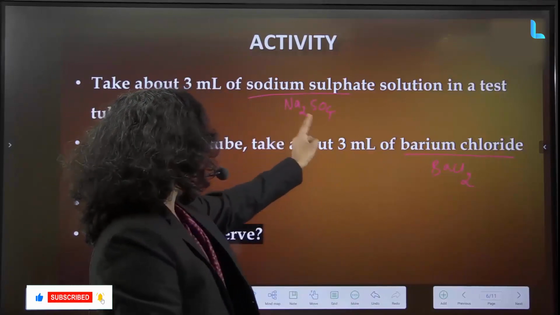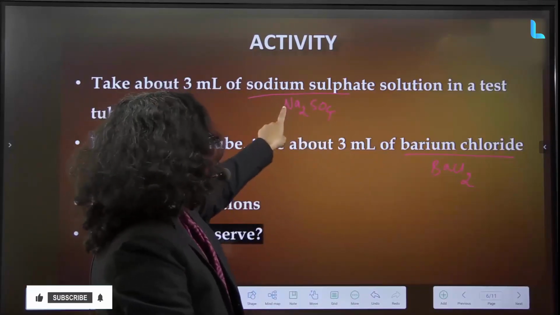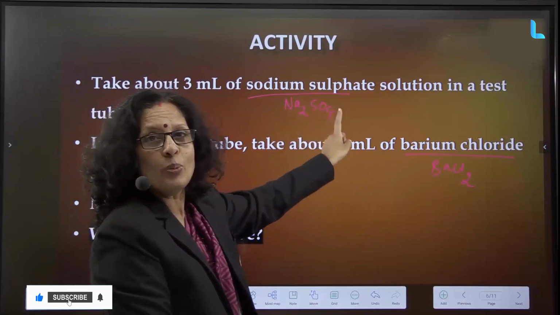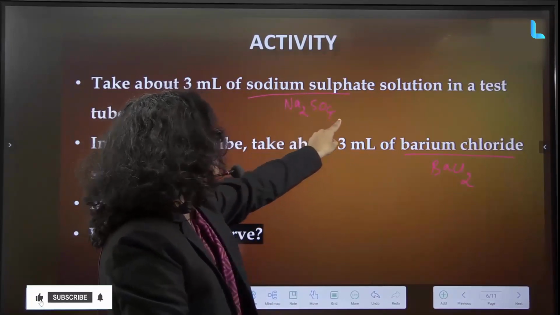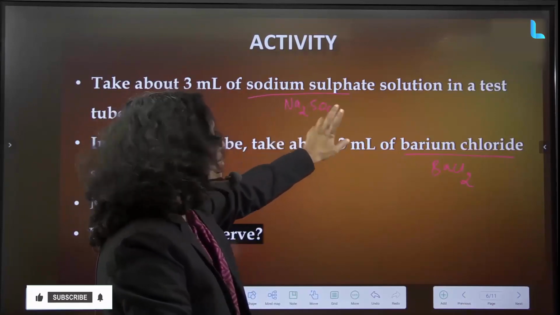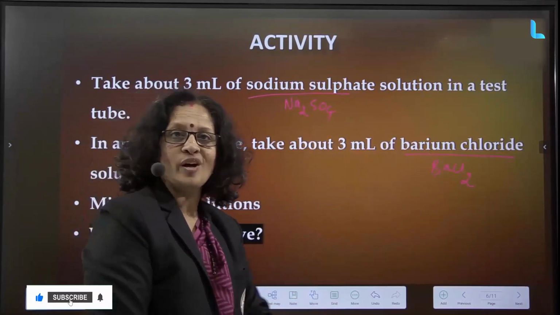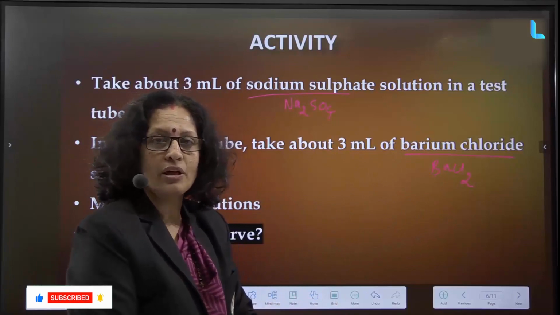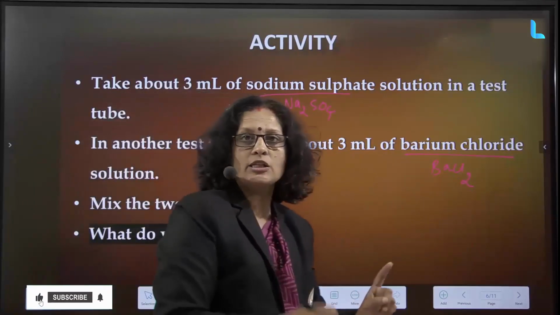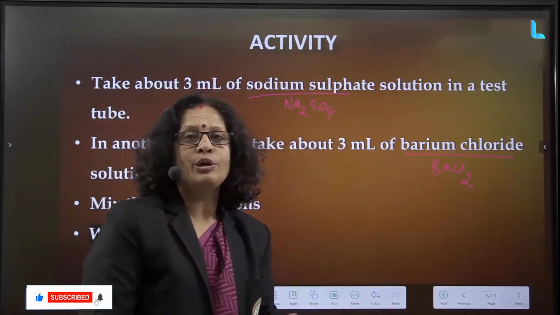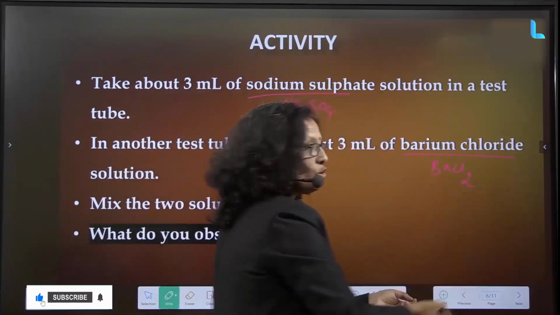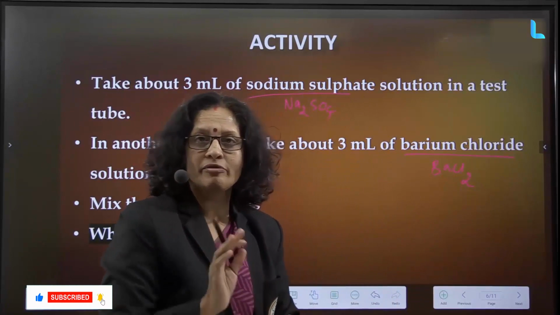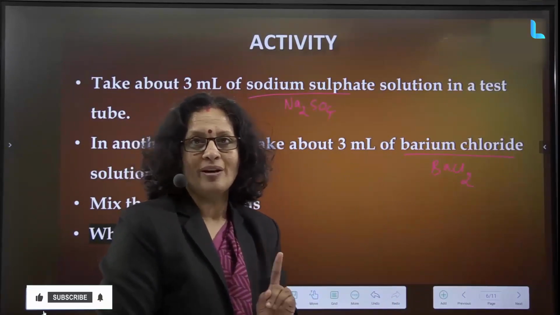Here also the interchange of valency rule is there. Na plus, SO4 2 minus. So with the interchange of valency, that 2 will come here and the 1 will go here. That is why Na2SO4, and SO4 into 1 is just SO4 only. Number 1 is not indicated; only numbers more than 1 are indicated. So BaCl2, Ba1Cl2, will not be written, because whenever there is no number, it is 1.